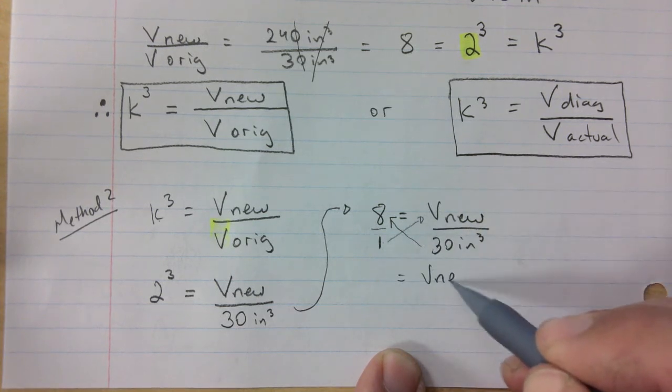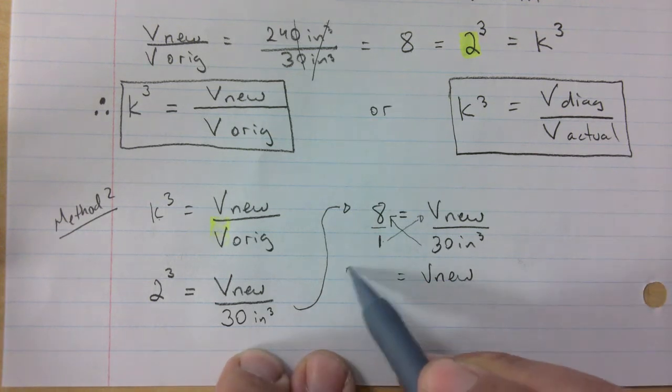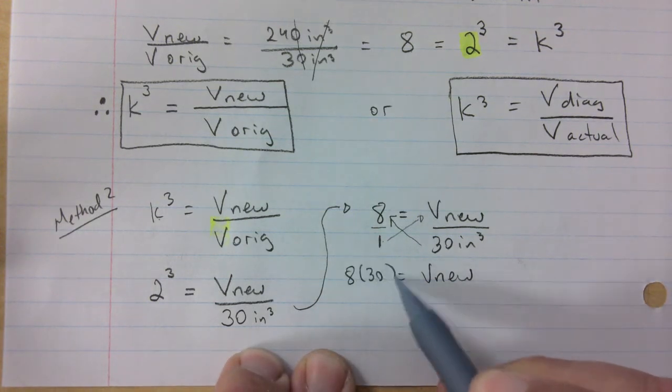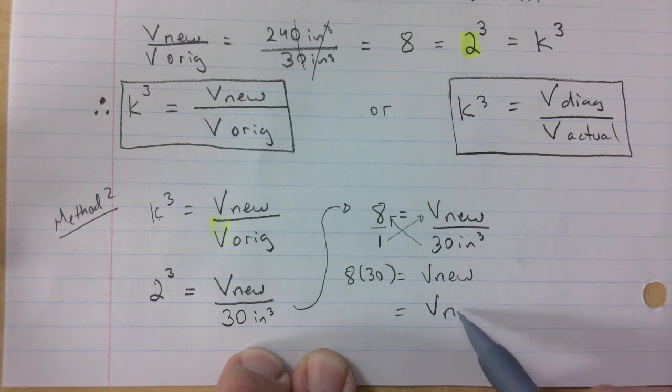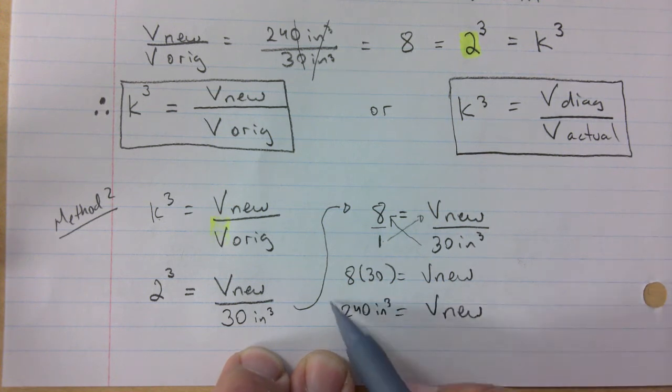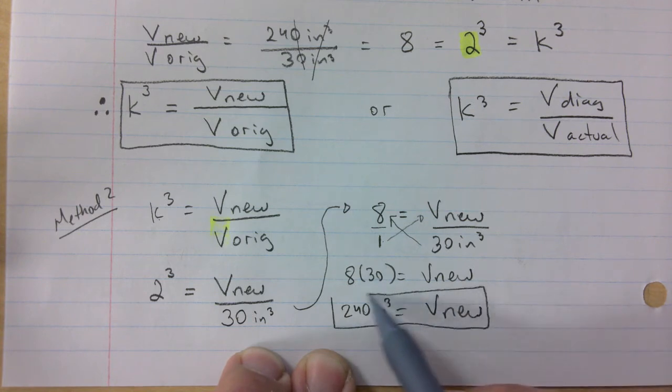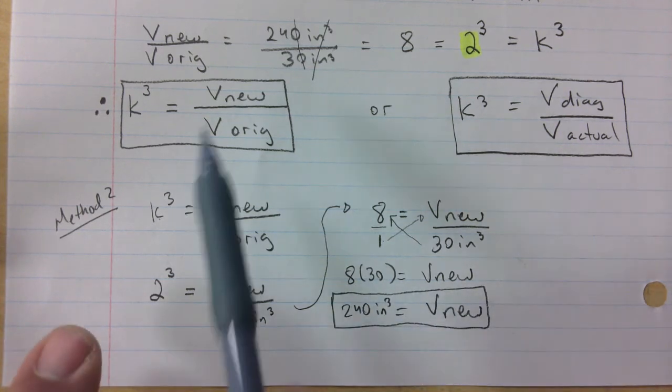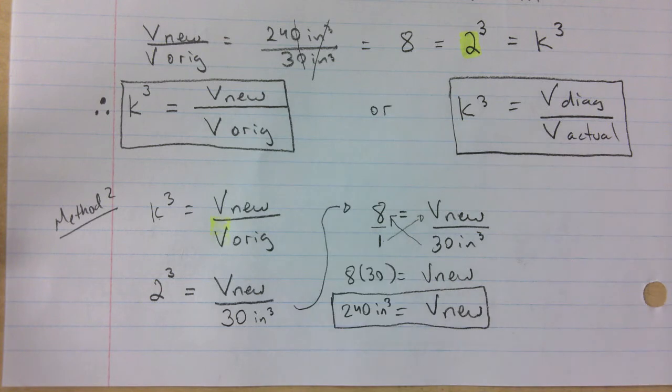So volume of new is equal to 8 times 30. Volume of new is 240 cubic inches. That's how the second method works: always using one of these formulas, only one of them, and just plugging in and finding what you need. Okay.